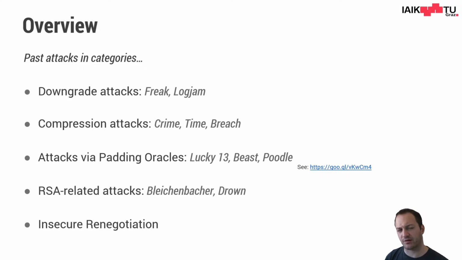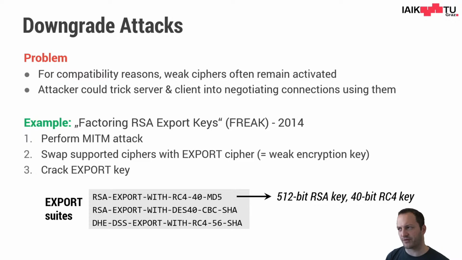Then padding oracles, mostly on CBC mode. RSA related attacks like the Bleichenbacher attack are very well known, or something called insecure renegotiation. So especially with downgrade attacks, it's very easy to get what it does.